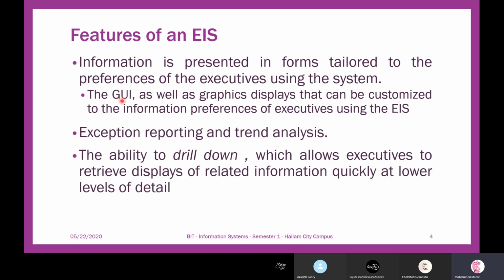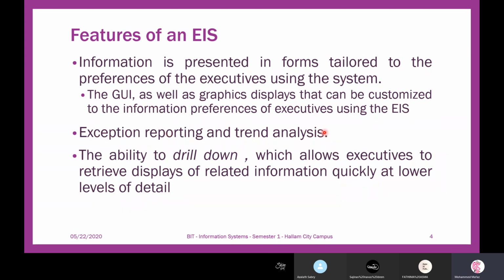One thing is through the GUI, the graphical user interface that is provided by the EIS. Also any other graphics displays that can be customized to the information preferences of executives using the EIS. Also, it will have exception reporting and trend analysis features. So exception reporting you have already learned under MIS, so that will be there.